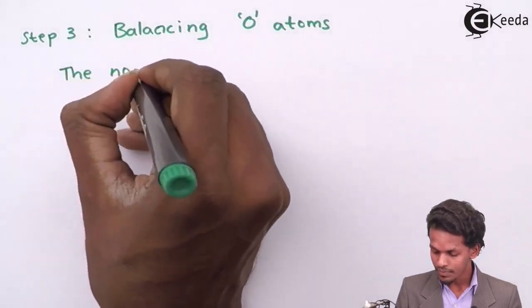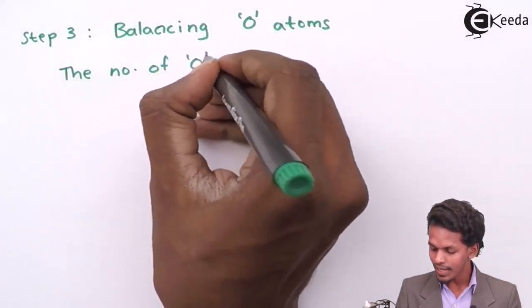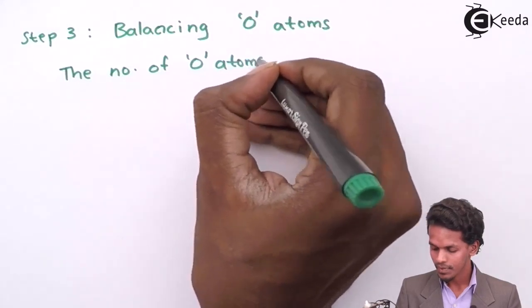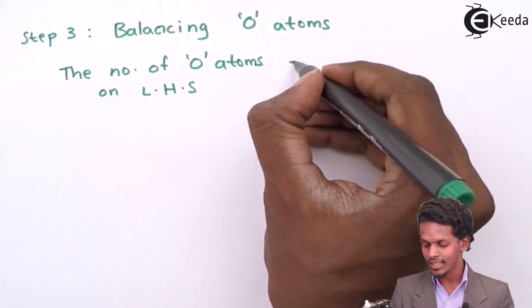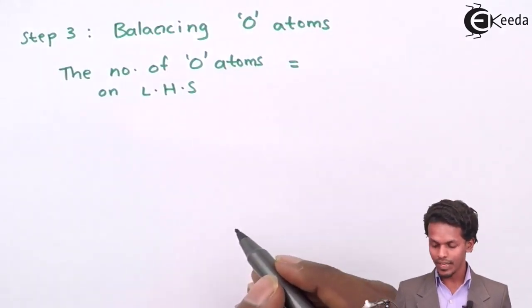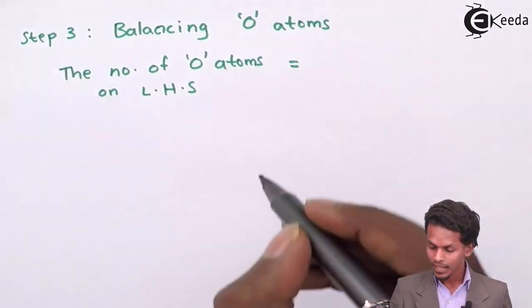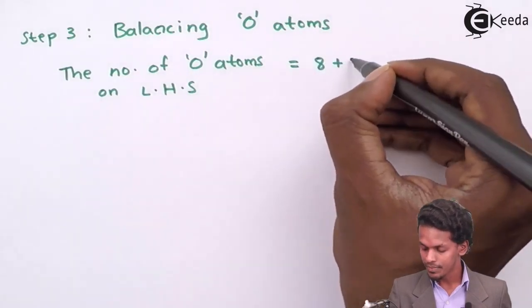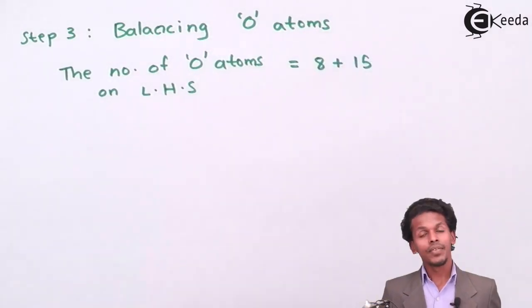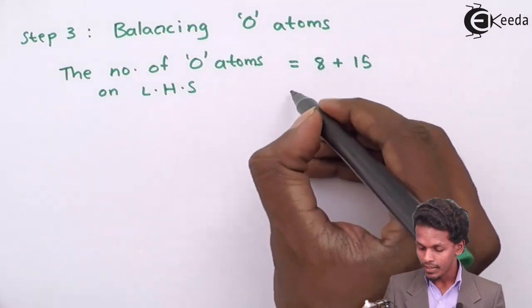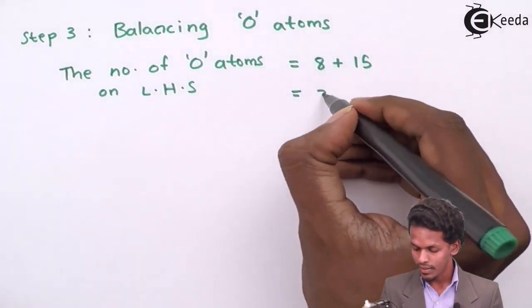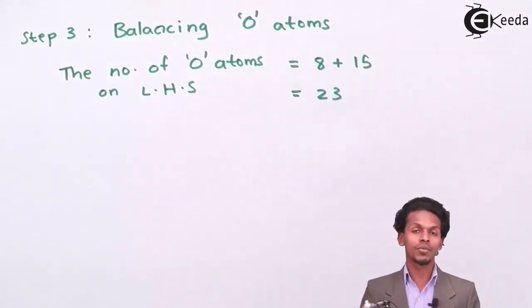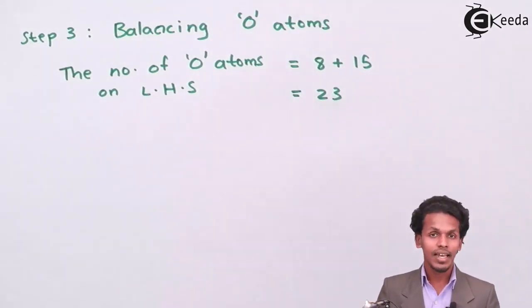So we could write it this way: the number of oxygen atoms on the left hand side, or basically the reactants, is 8 plus 15, which gives 23 atoms of oxygen on the left hand side.